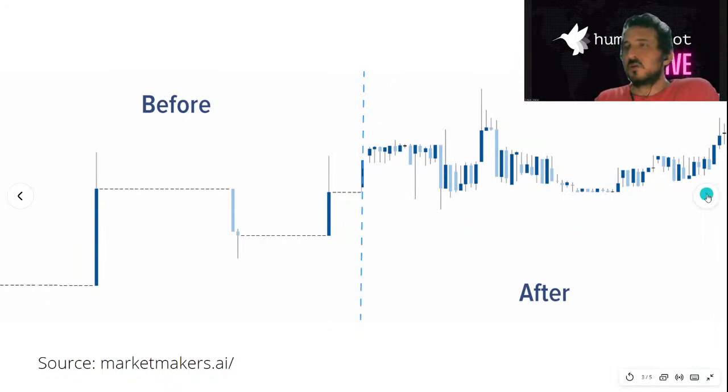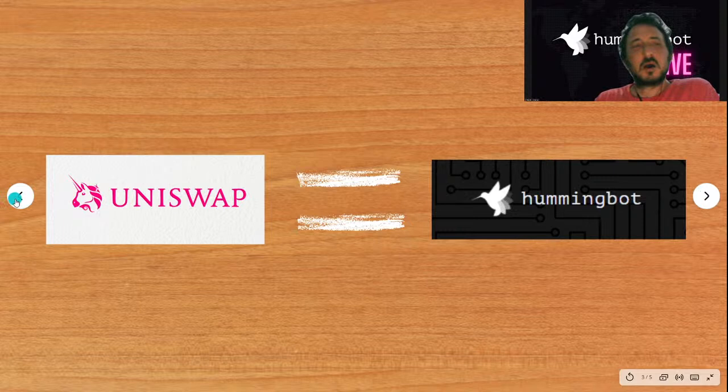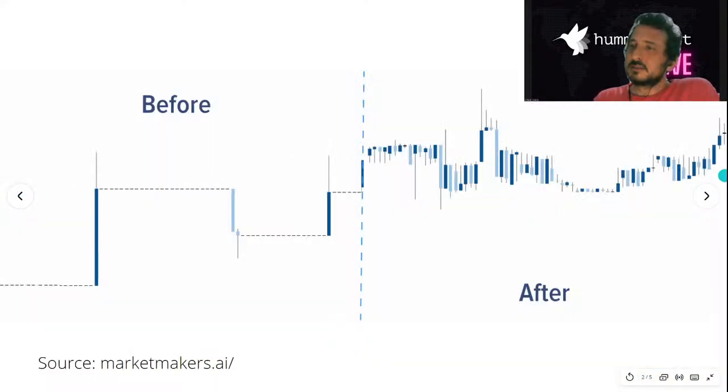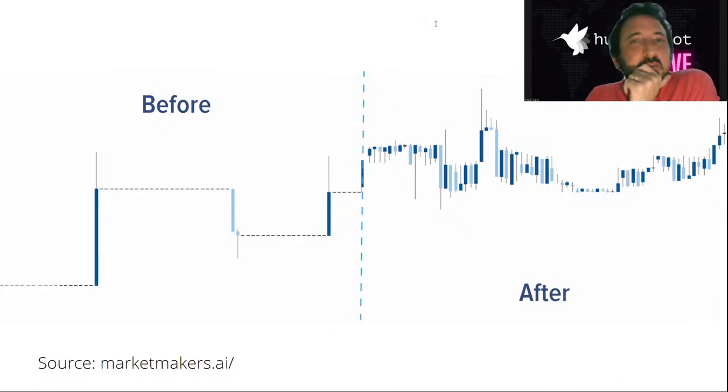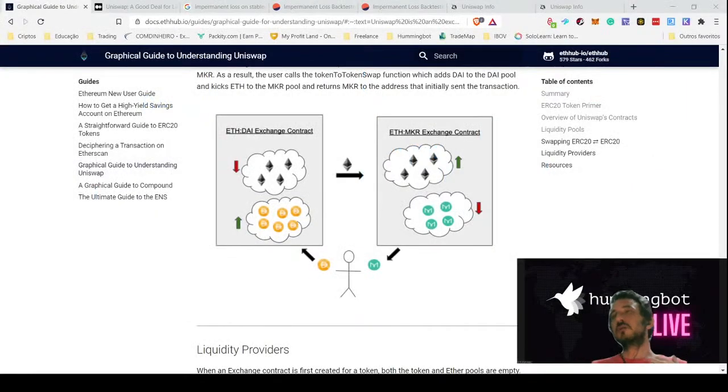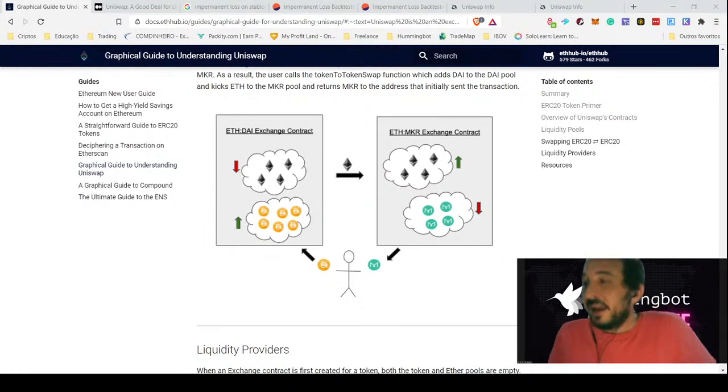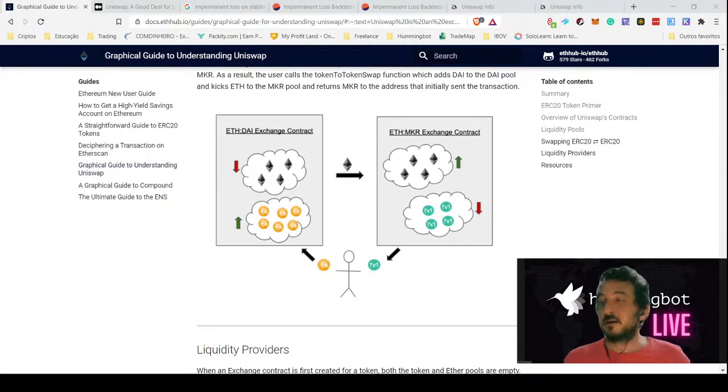All right. So the question is, when you look at automated market makers, I have to agree, it's a really interesting model for price discovery on markets.